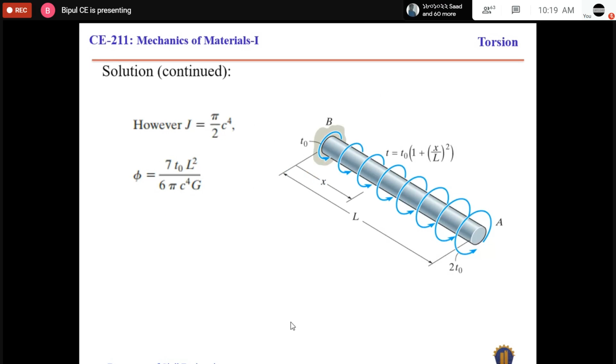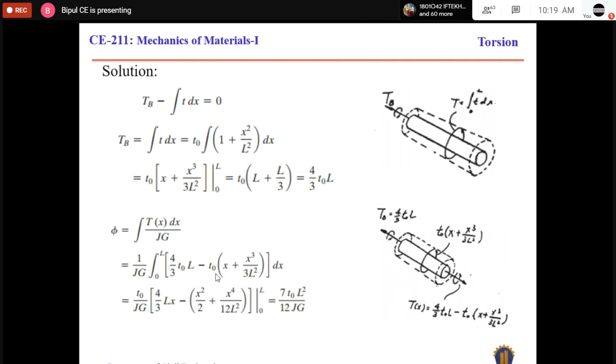And we know if we consider C is the radius of the shaft, then J will be this one, and you can substitute here. Or again, you can keep the equation similar to this one. J is simply the sectional polar moment of inertia of the section.